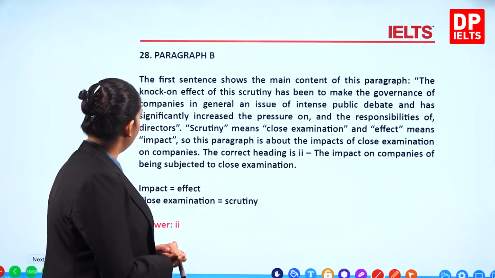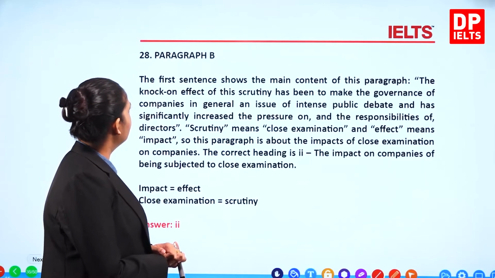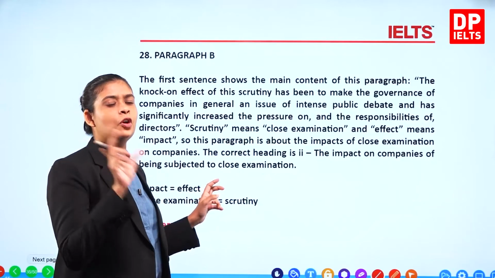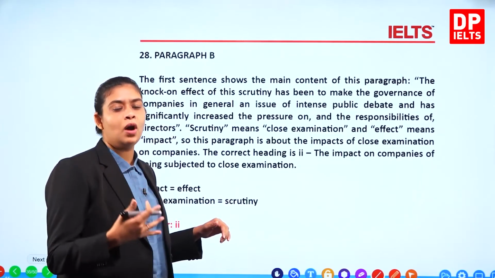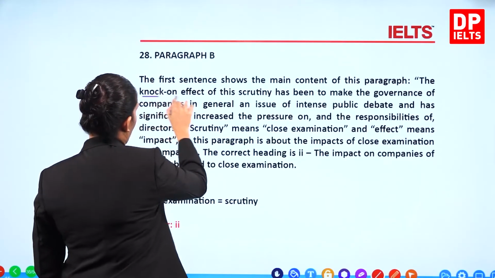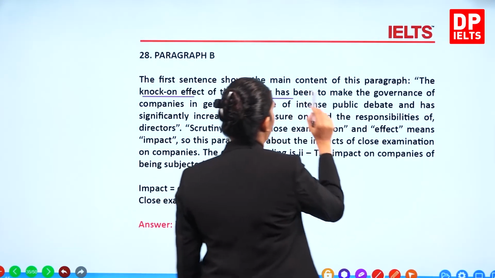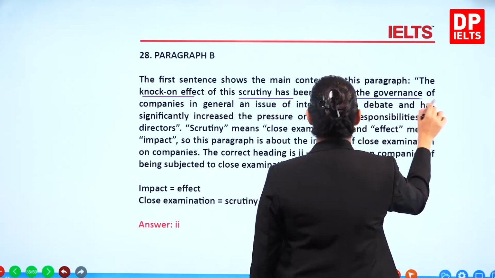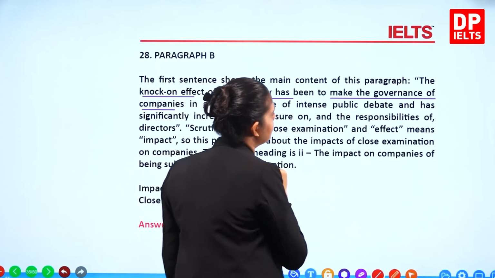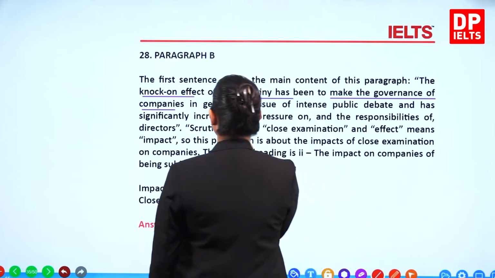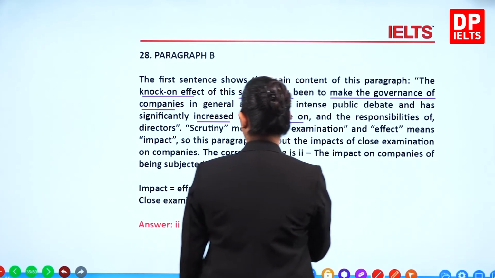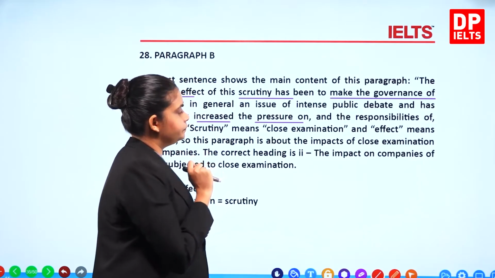Question number 28, paragraph B. The first sentence shows the main content of this para, okay, which is the topic sentence that tells us what the paragraph is going to be about. The knock-on effect of this scrutiny has been to make the government of companies in general an issue of intense public debate and has significantly increased the pressure on and the responsibilities of directors, right?